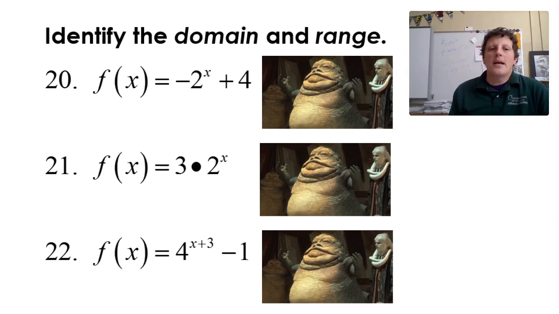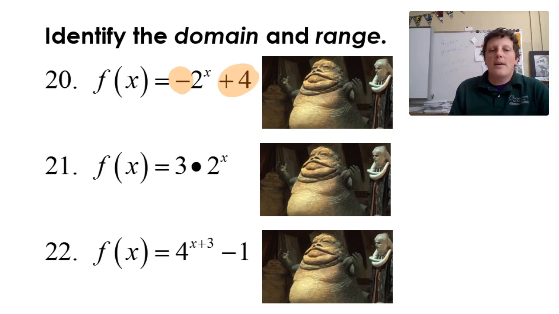Let's practice identifying the domain and range. Since the domain is always the same, all real numbers, negative infinity to positive infinity, we're really looking at the range here. The clues that I have about the range are the fact that there is a negative in the front and that it shifts up 4.